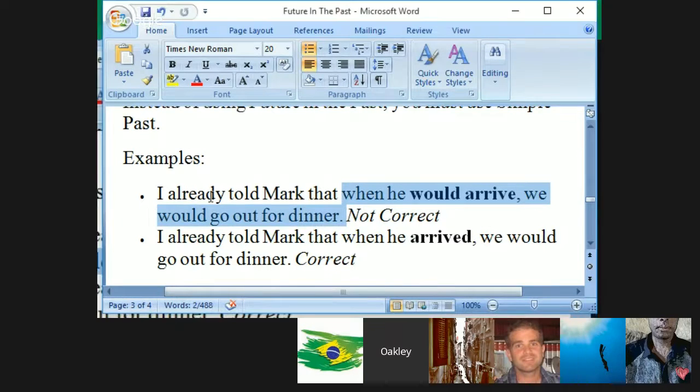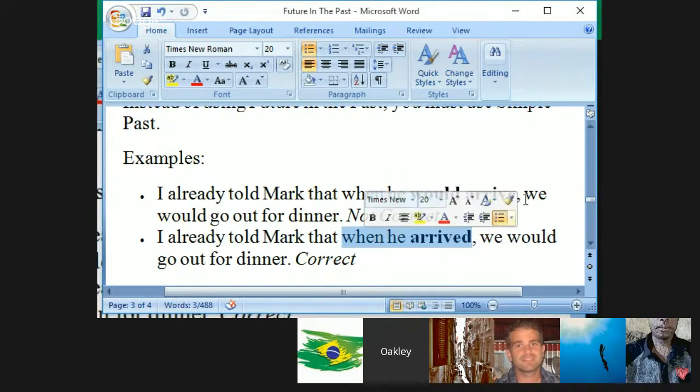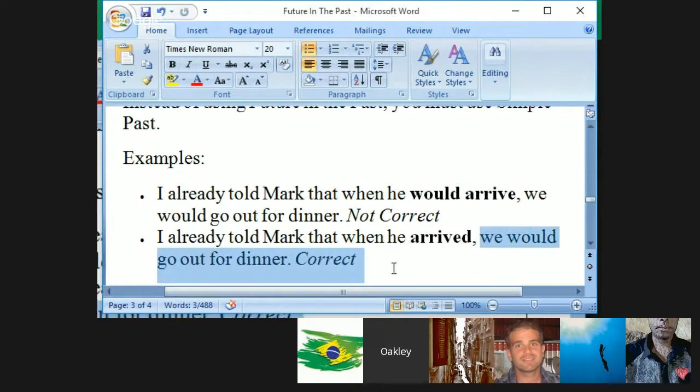Even though you're talking about the past and it is a future in the past situation, you would have to construct your sentence as such: I already told Mark that when he arrived, we would go out for dinner. Notice, when he arrived. Comma, that's the end of the clause. Now I can use would for the next clause. We would go out for dinner.